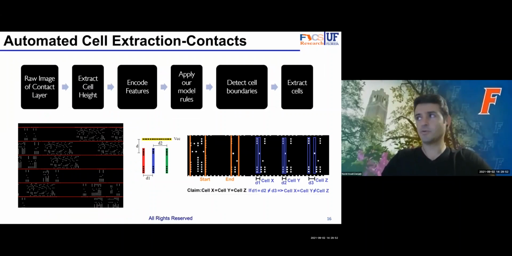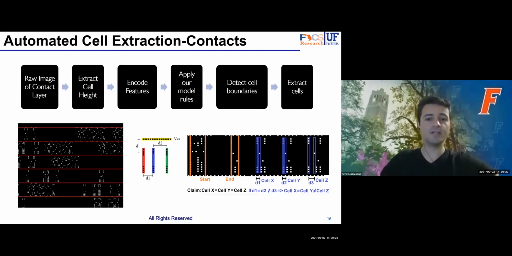So another quick example, I have to make sure I keep track of the time as well. Here we are looking into the contacts, and the goal here is, can we develop these machine learning algorithms that extract the cells based on their contacts? When we look into 14 nanometer or 28 nanometer node technology, whether it's TSMC or Samsung or GlobalFoundries or any other, there are specific patterns for the contacts.